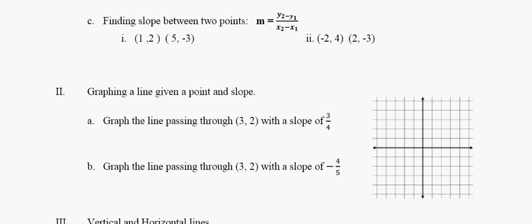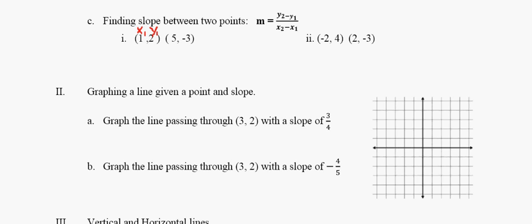Okay, here we're asked to find the slope between 2 points. Each point has an x coordinate and a y coordinate. So we can call this x1, which represents the x coordinate of the first point. And we can call this y1.